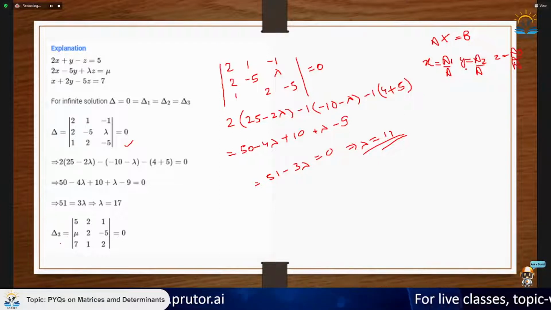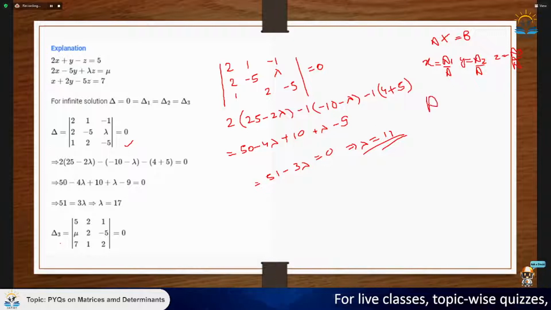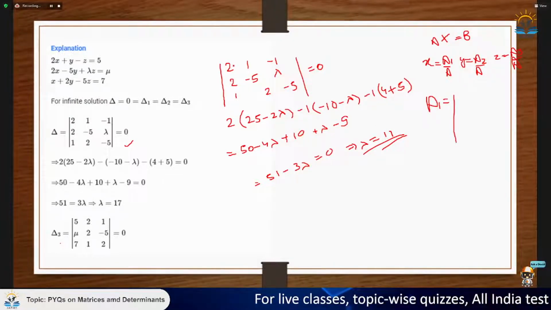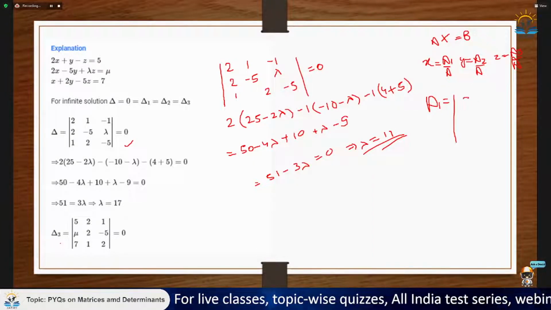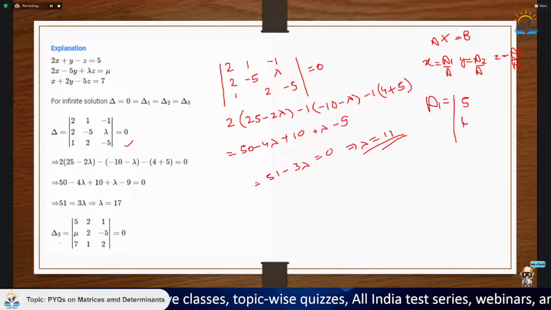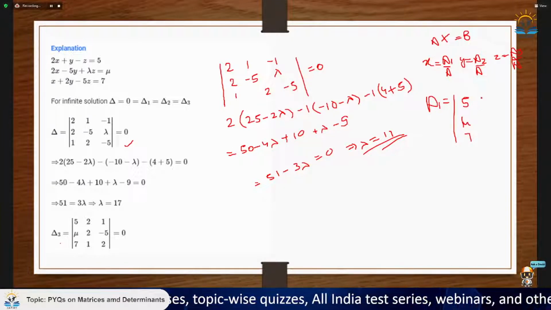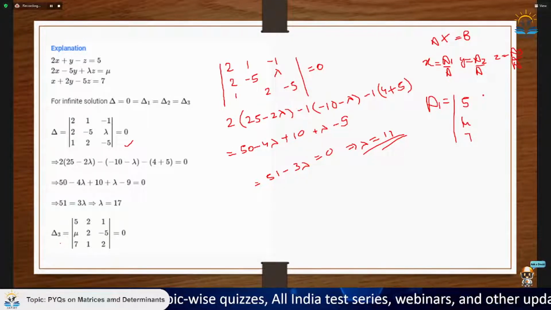Adjoint A times B करके भी हम निकाल सकते हैं, लेकिन this is also one way, जिसमें जो मेरा A1 होता है, A1 is nothing but जो मेरी A वाली मैट्रिक्स है उसमें मैं first row को 5, mu, 7 से रिप्लेस कर दूंगा. मतलब 5, mu, 7, and rest two rows will remain same.